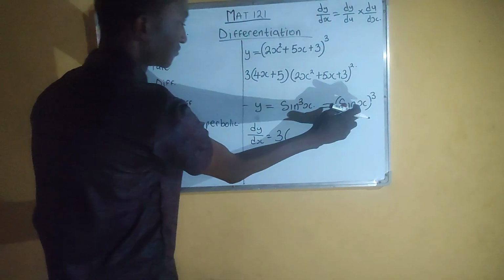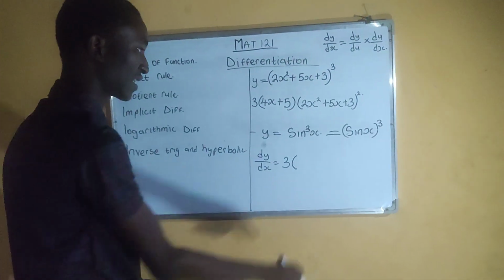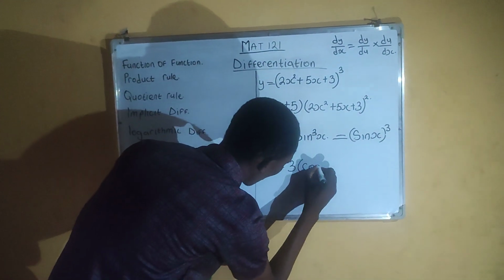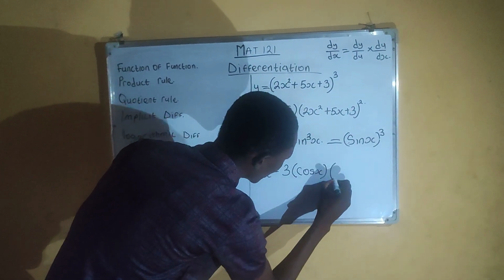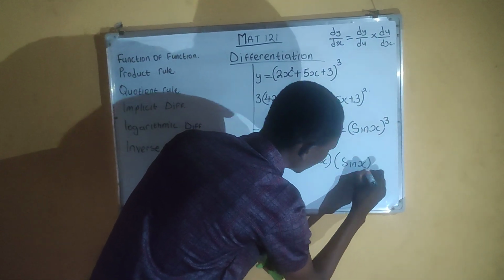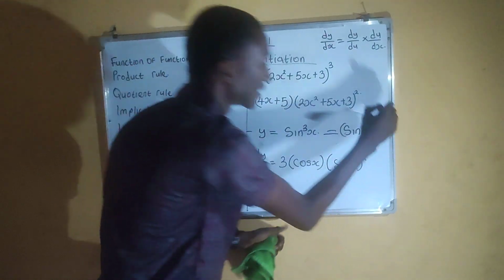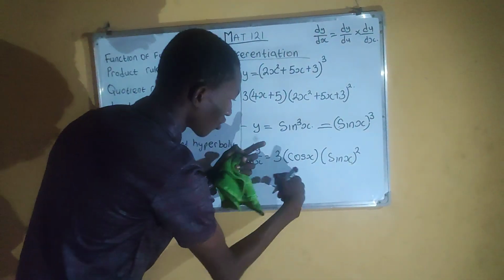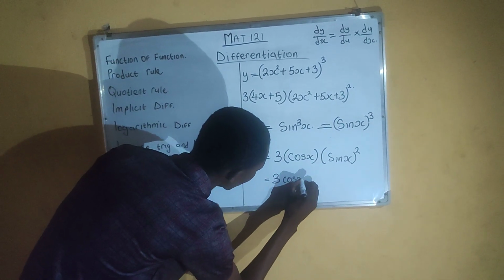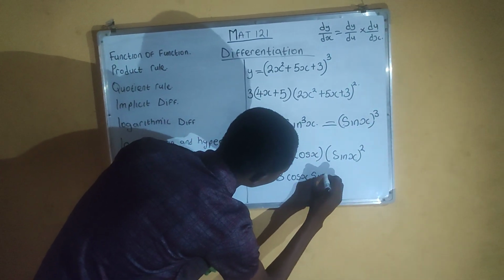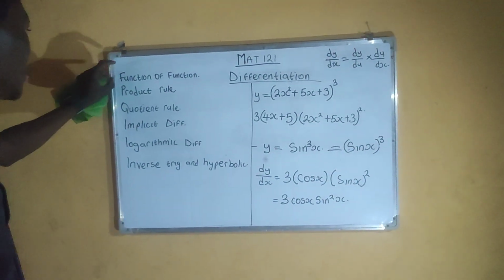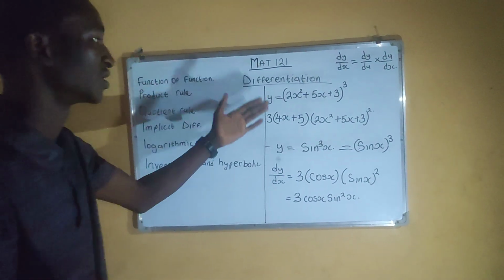Open the first bracket. Differentiate what is inside that bracket, the function itself. So when you differentiate sine x, you have cos x. Then open another bracket, rewrite this sine x, then raised power of 2, 3 minus 1. So now open this bracket up, you have 3 cos x sine square x. So that's that for differentiation of function of a function using the shortcut.